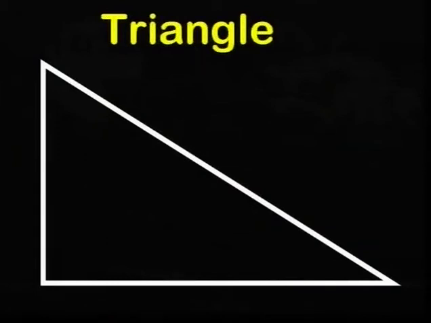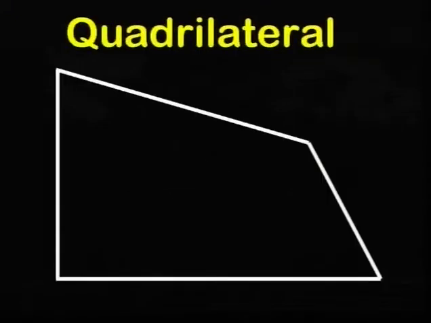For example, one common polygon that we all know of is a triangle. How many triangles can you see here, class? One. Okay, good. One triangle. Now look at the quadrilateral. How many triangles can you see in a quadrilateral? Two. Are you sure? Yes. Okay, good.